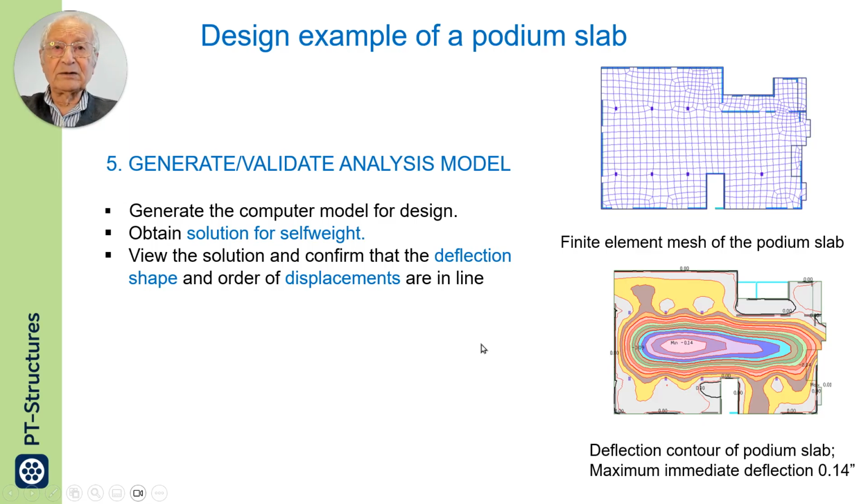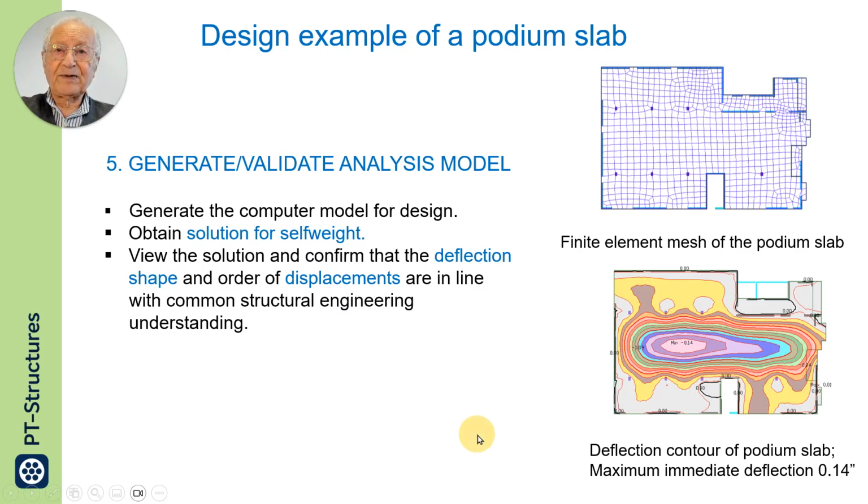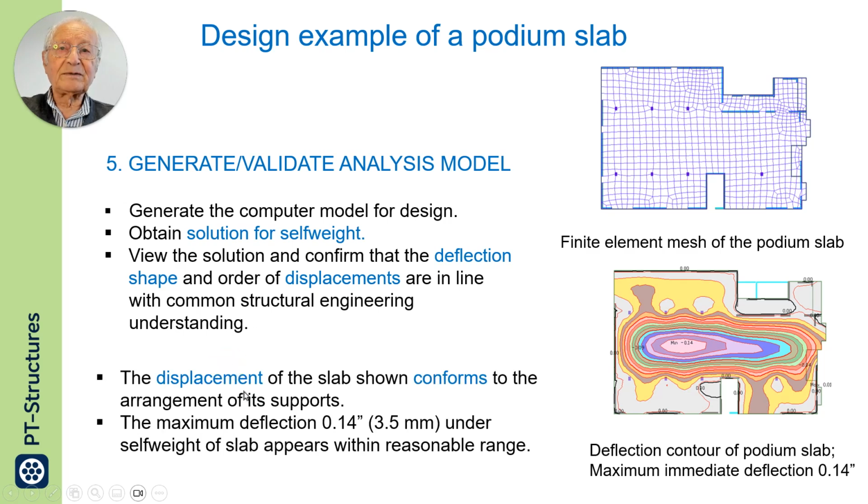Where there is a column, where there is support, you have little deflection. At the middle of the span, you have a larger deflection. So it is reasonable as far as engineering judgment and engineering understanding goes.